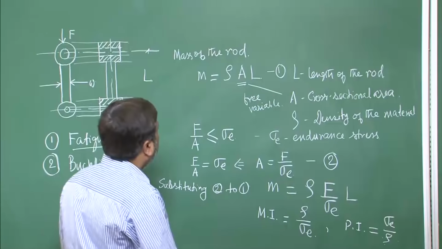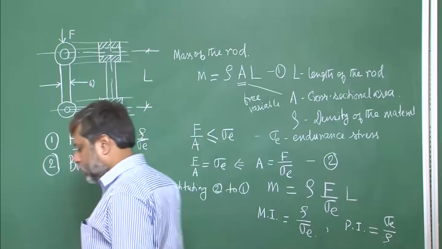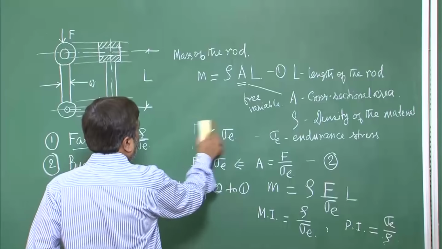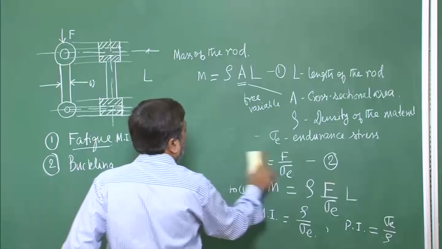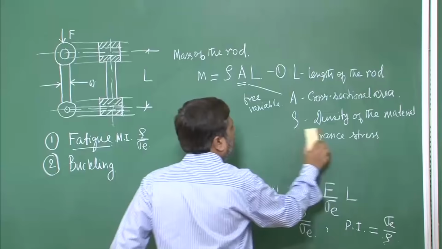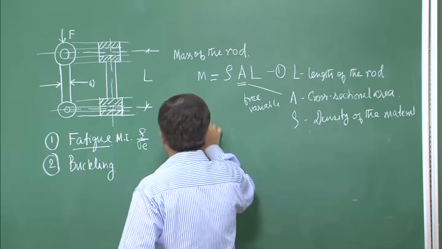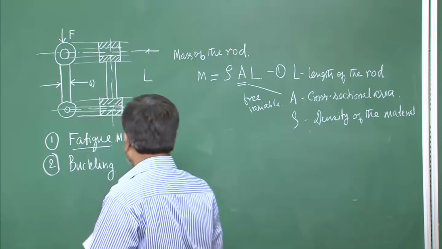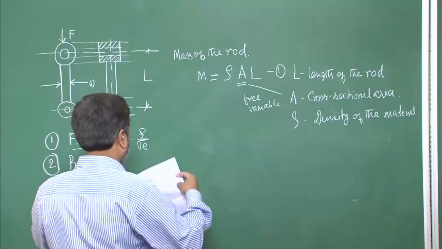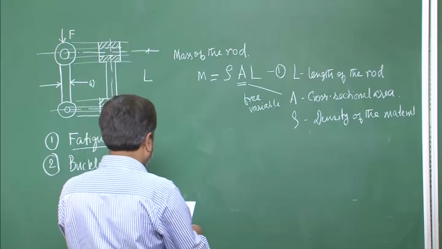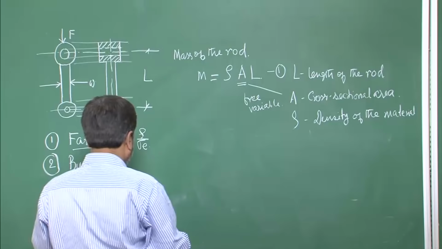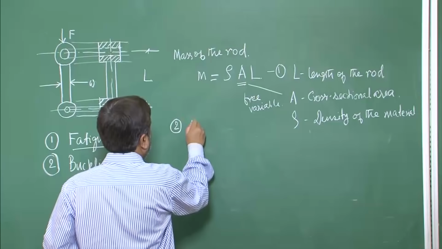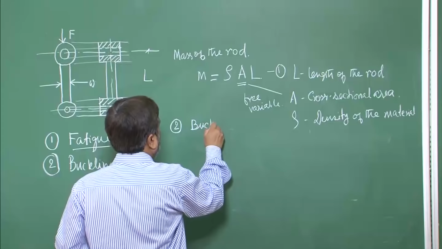And then let us move to the second constraint, that is buckling. So, let us erase this part now and think of the buckling. From the buckling point of view, let us consider this to be a slender rod with a critical Euler buckling load. It is the Euler buckling that we will now be interested in.